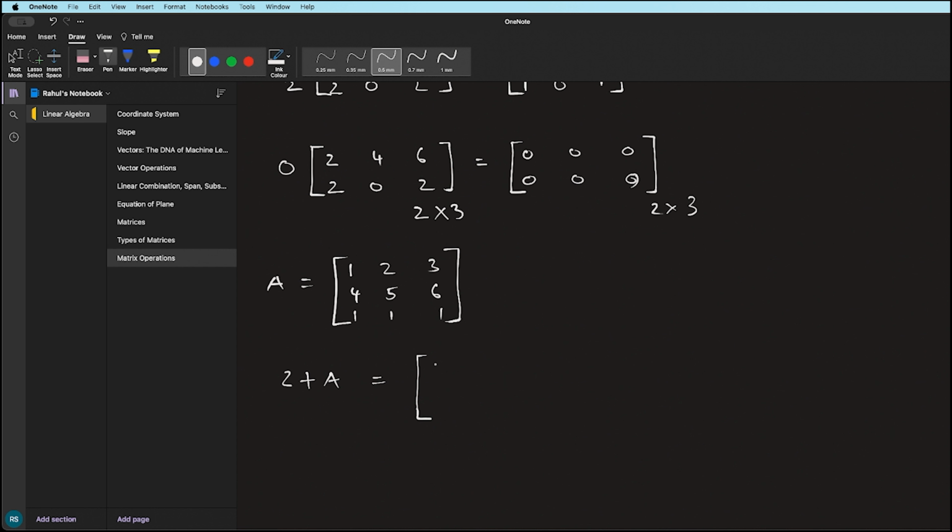So this will become 3, 4, 5, then 6, 7, 8, 3, 3, 3. So in this way we perform the scalar addition, and if I add 0 plus A, the resulting matrix will be A only.